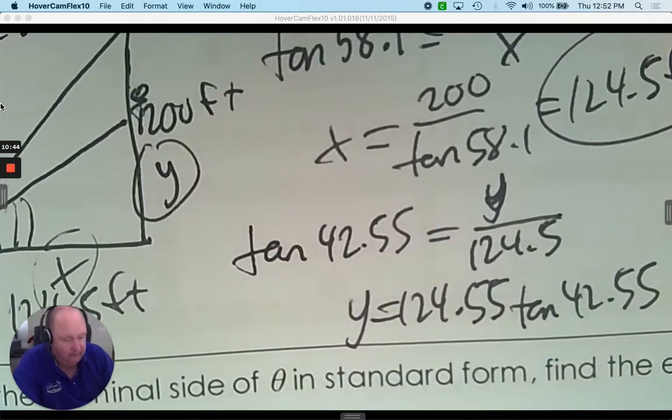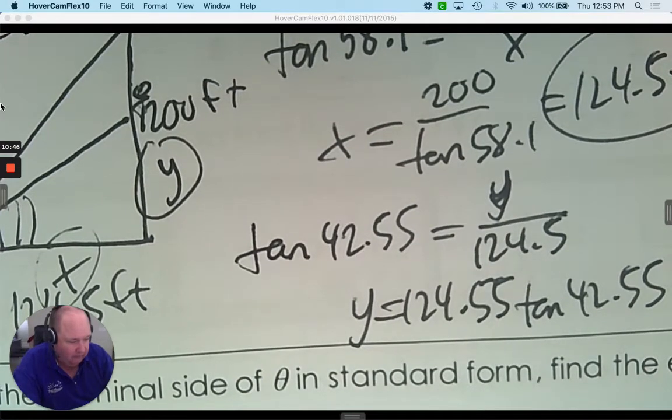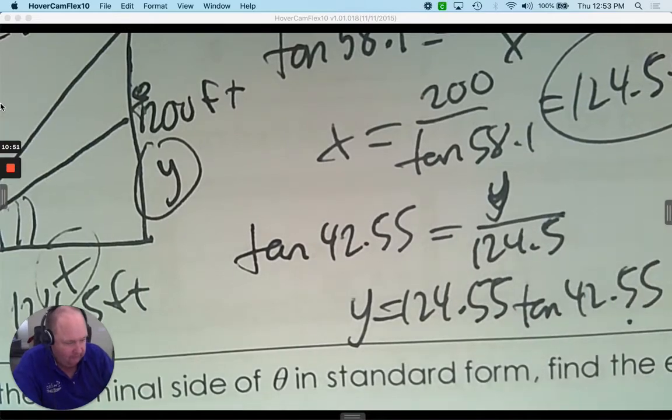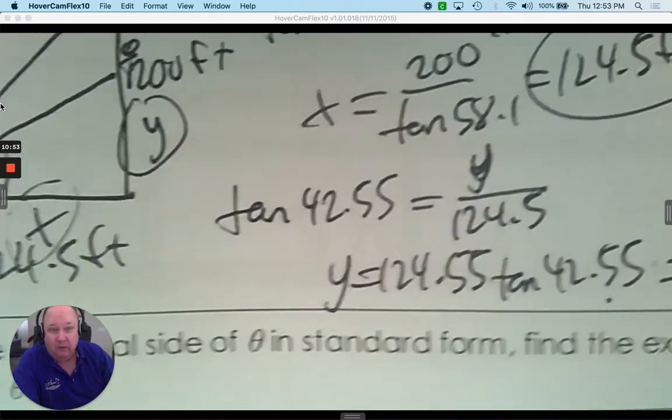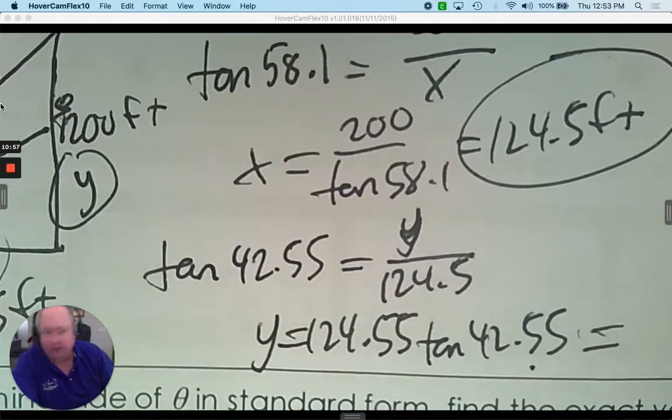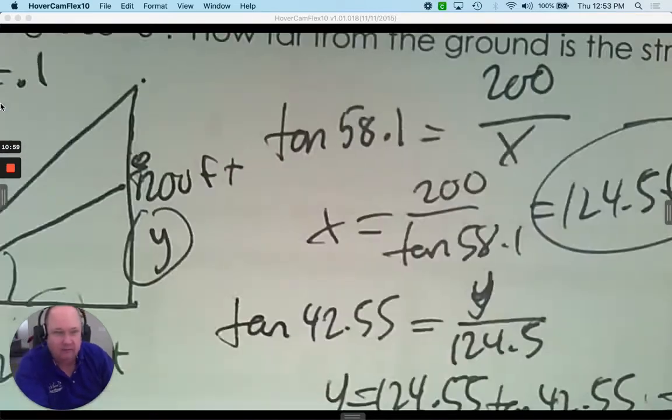So this is the first answer, which is how far away is the fireman. We needed that to get to this answer. So 124.55 times tangent 42.5, and that's 114.3.